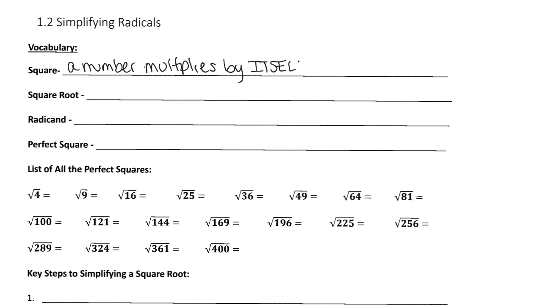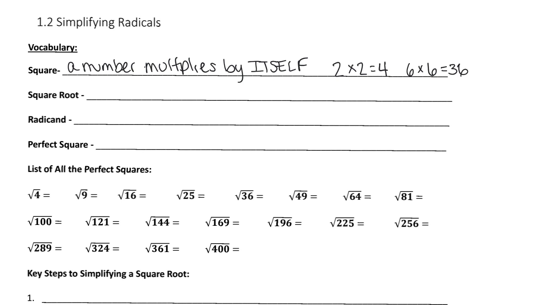Hopefully you're thinking of some numbers such as 2 times 2 is 4, or 6 times 6 is 36. So these are squares. These are numbers that are squared, okay? So it's when you multiply something by itself.